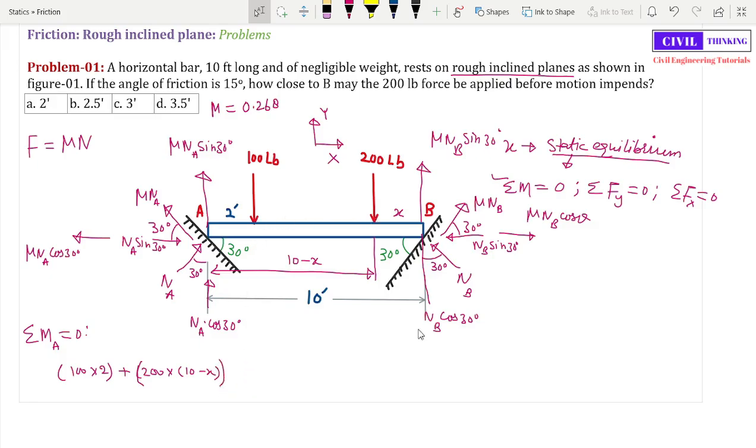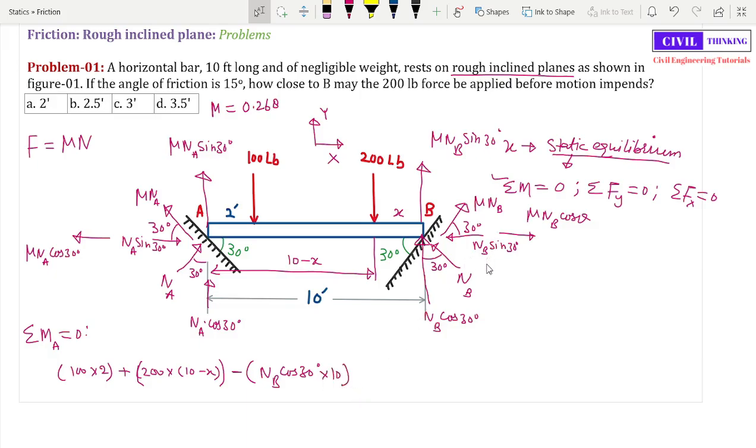All right. Now we have NB cos 30 degrees, as you can see here. This will exert what? It is upwards, right? This is NB, and NB cos 30 degrees upwards like this, right? So it is going to exert an anti-clockwise moment. So it will be negative NB cos 30 degrees. How far is NB cos 30 degrees from A? It is 10, right?